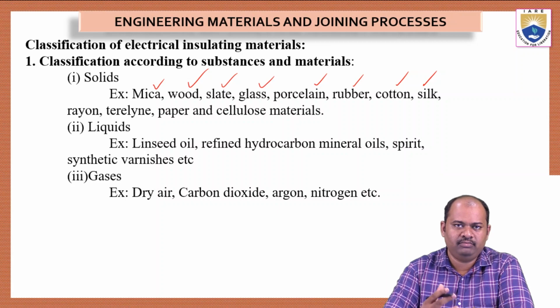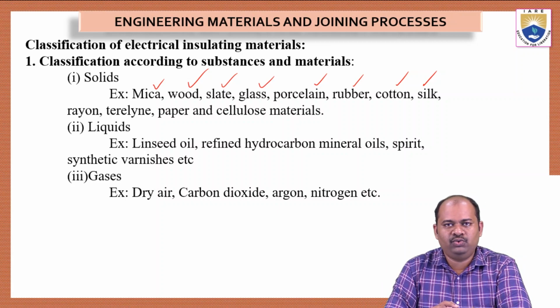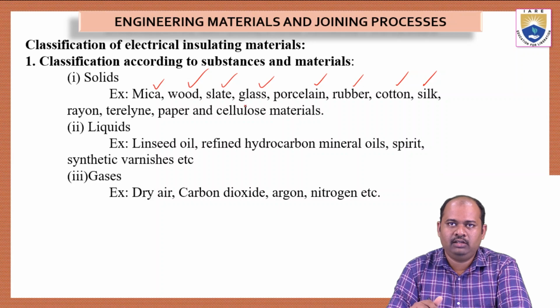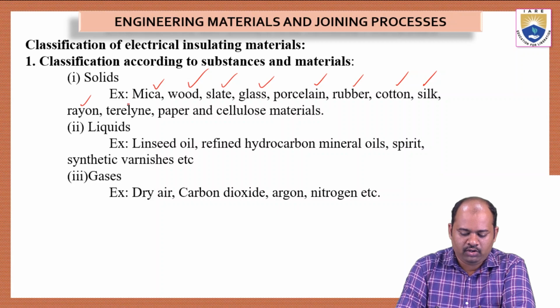We can touch them and actually feel them. They are solid in structure and can be used to insulate electricity. Even plastic is used as an insulator for electricity. Here we also have rayon, terylene, paper, and cellulose material.